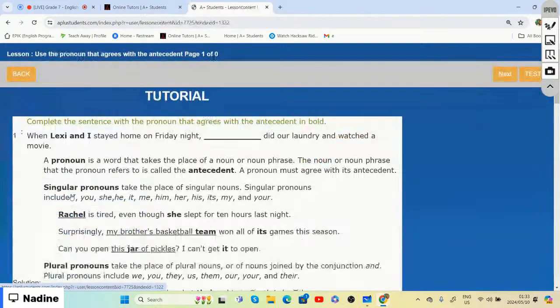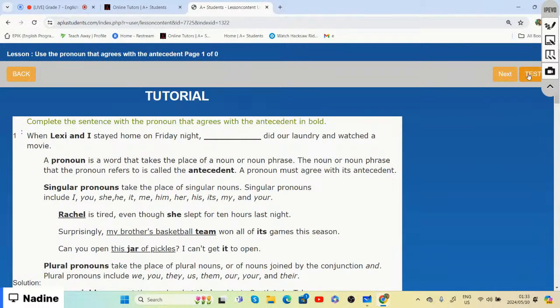All right, so now we're going to use the pronoun that agrees with the antecedent. And we also went over this where we had to show that we know either our singular pronoun or our plural pronoun that refers to our antecedent. It's basically almost the same as the first lesson.